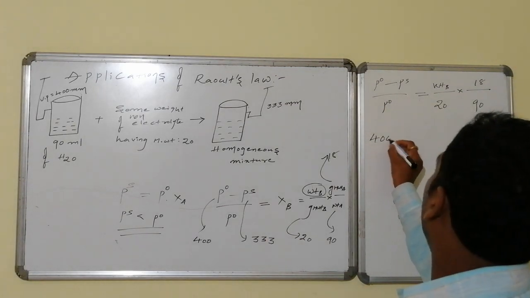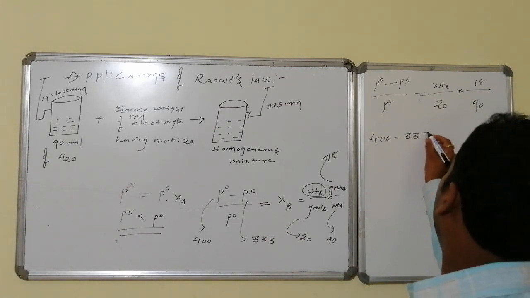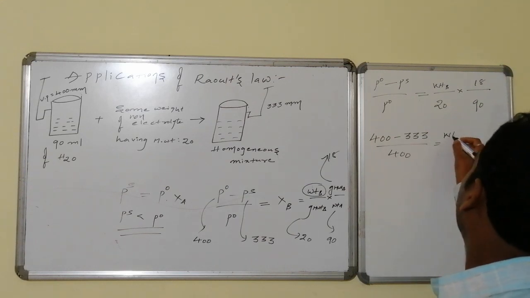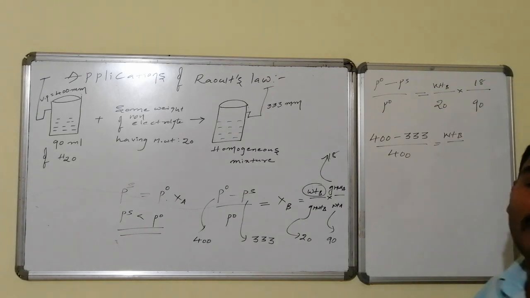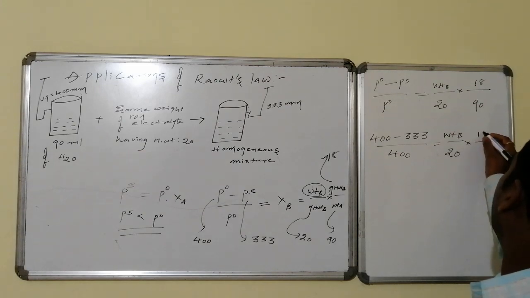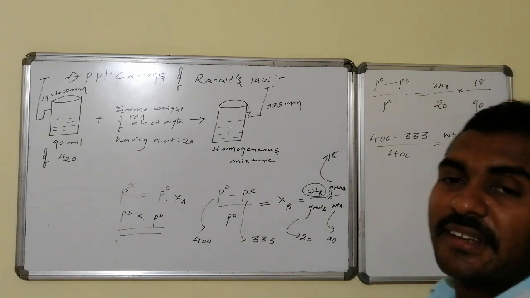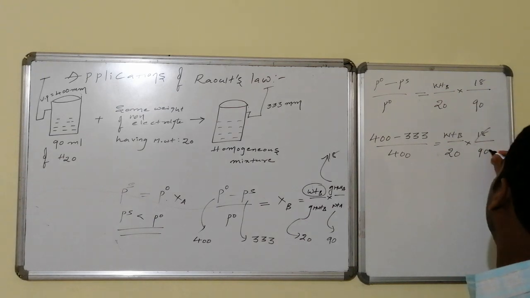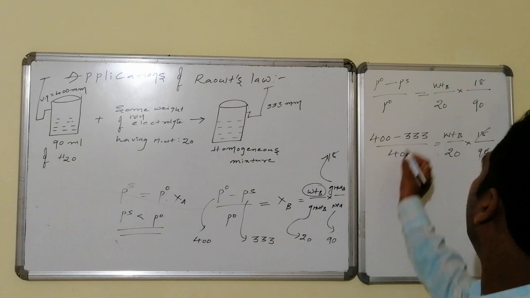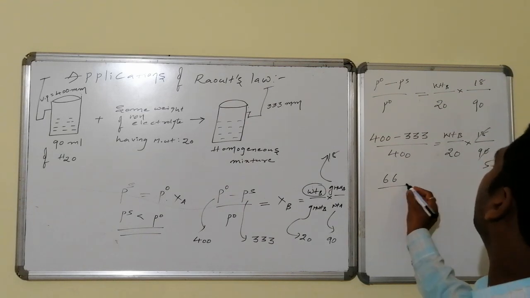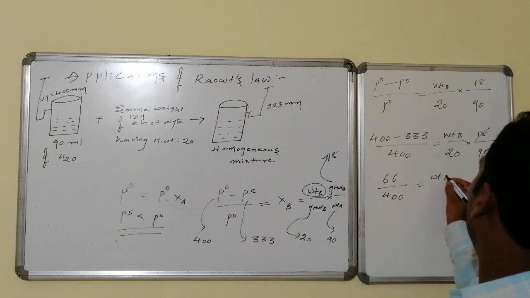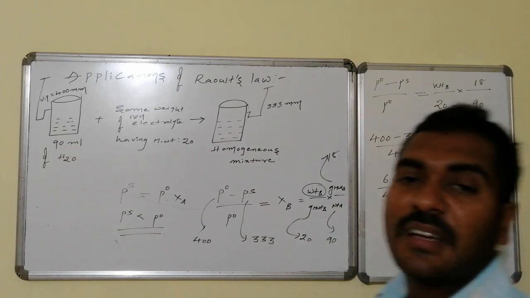That is, 400 minus 333 divided by 400 equals weight B of the non-electrolyte added divided by 20, into 18 divided by 90. On resolving, 400 minus 333 is approximately 66. 66 divided by 400 is equal to weight B divided by 100.